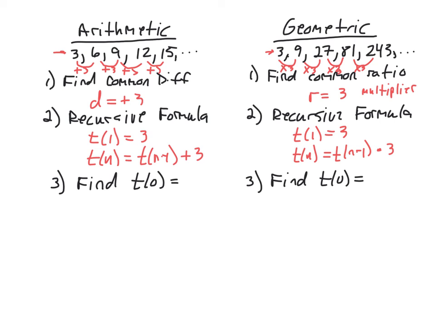You just go backwards using your common ratio or common difference. If I go backwards from 3, I have to subtract 3. Gives me a t of 0 of 0. For the geometric, I have to divide by 3 to go backwards. 3 divided by 3 is 1. Done. Found both t's of 0s.